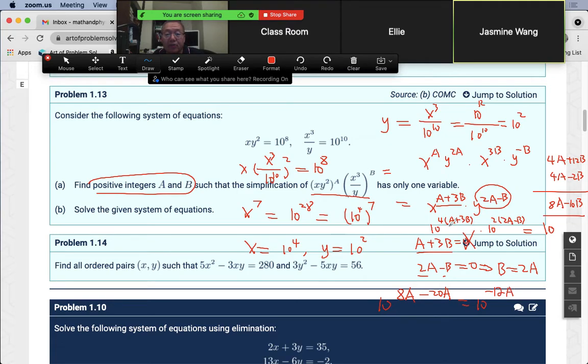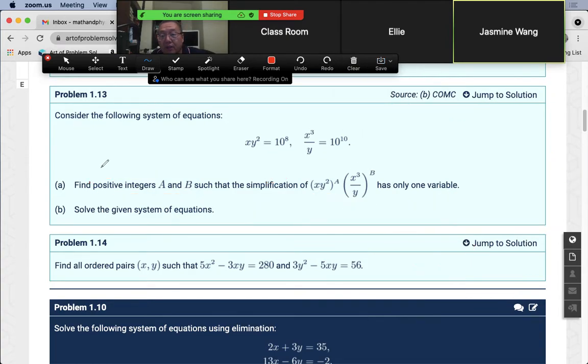Then we'll make this one have only one variable, right? Now let's verify. We can get a for any positive number, x can be any positive, and b equals twice of a. Suppose a equals 1, then b will equal 2.